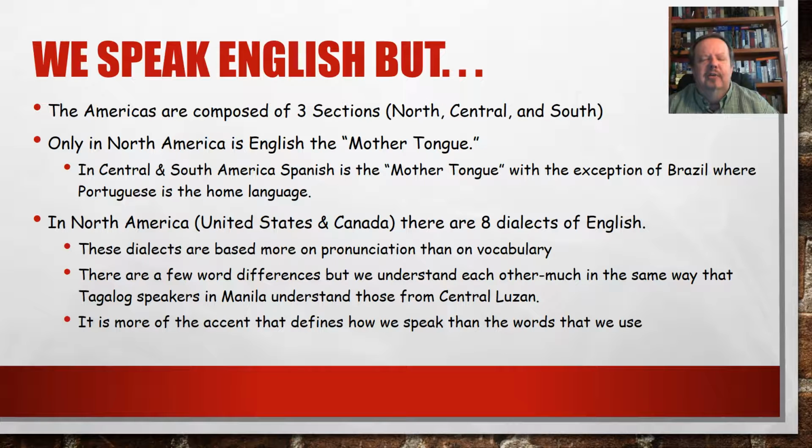There are a few examples of words that we use differently, and maybe the sentences are constructed a little differently, but for the most part, it's not the grammar as much as it is the accent that we use. The central part of the United States, what many would call the Midwestern part, their accent also is a little bit different.